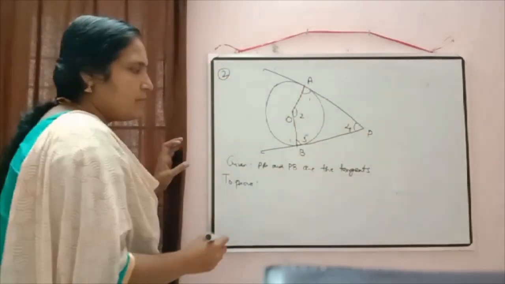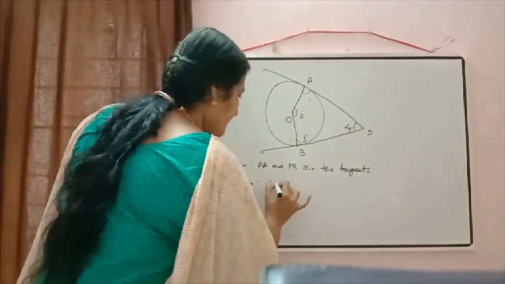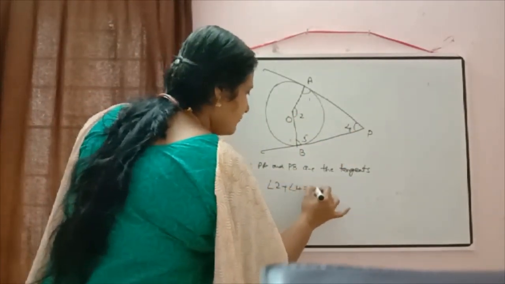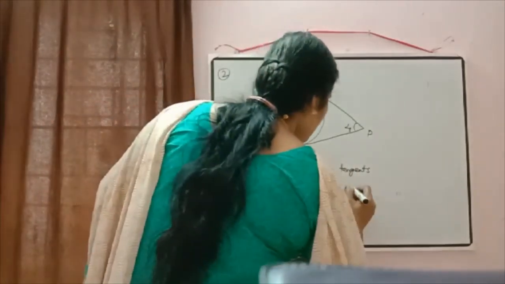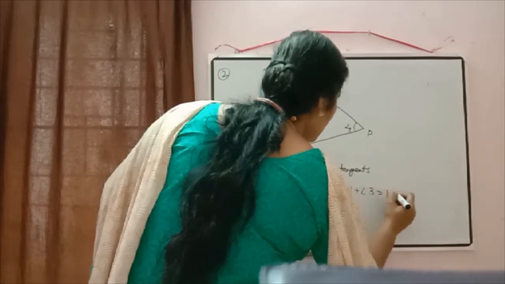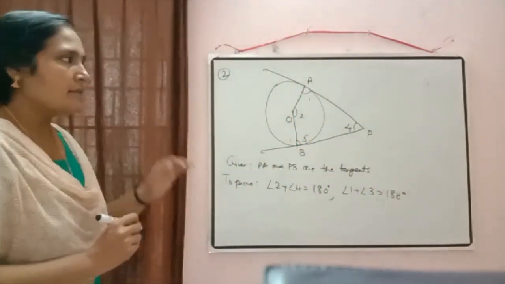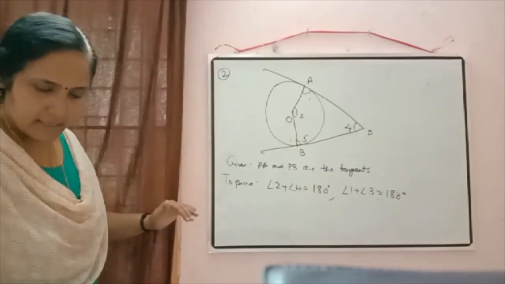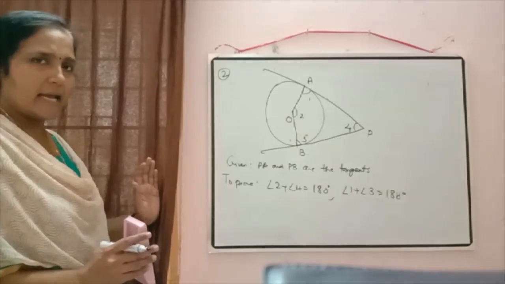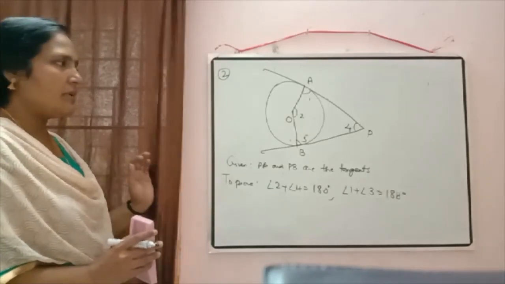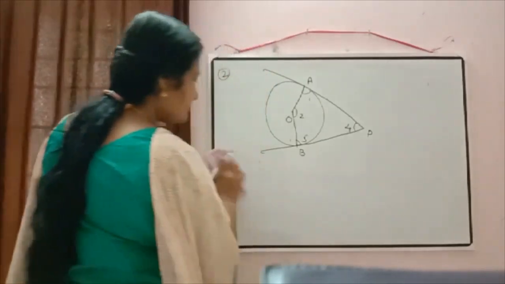So what do we have to prove? Angle 2 plus angle 4 is equal to 180 degree. Similarly, angle 1 plus angle 3 is equal to 180 degree. If we are able to prove that the sum of opposite angles of a quadrilateral is 180 degree, then it will be a cyclic quadrilateral. Now we will check how to prove it. Okay, now write down the proof.